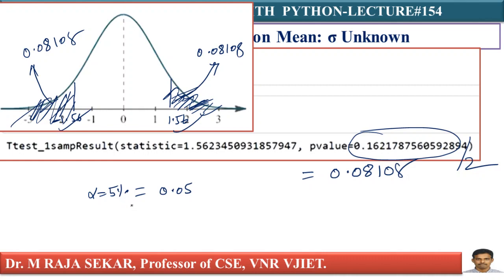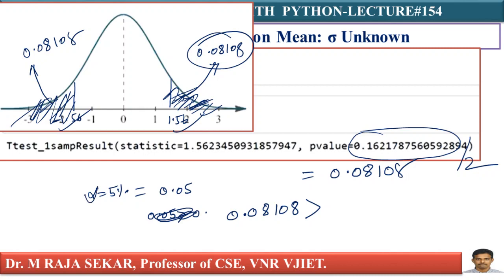The p value, 0.1621 divided by 2, is 0.08108, which is greater than 5%.